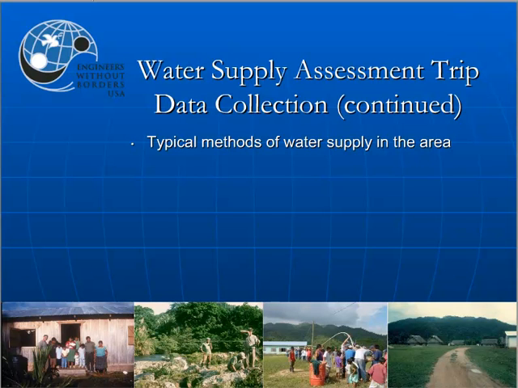And next, you should always look at what are typical methods of water supply in the area. So if you're going to Honduras and developing a water supply for a small community, and the 6 other communities around there all have the same kind of water supply, they tap a spring, bring it to a water tank, and then a distribution system, there's probably a fairly good reason everybody used the same method.